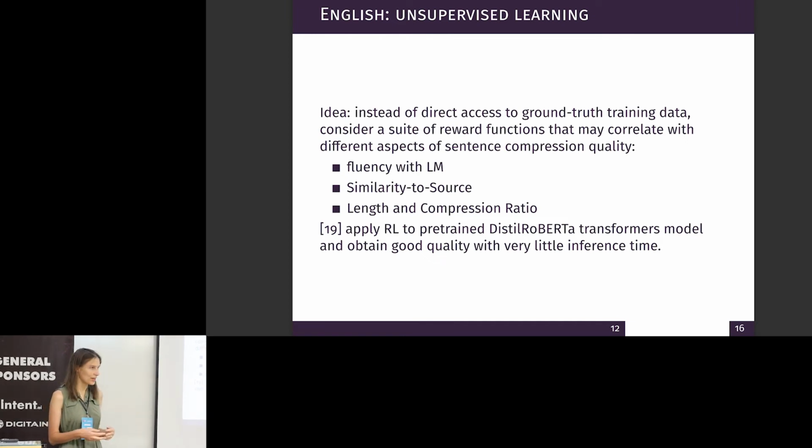And then we want to compress something. That's why the third component is length, or compression ratio. And if we train this, we use a pre-trained model to initialize our weights. In this study, they achieve good results. I will share it now.